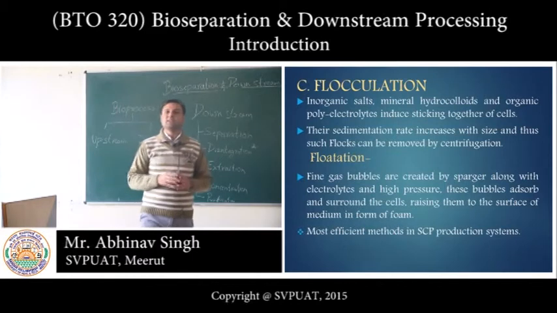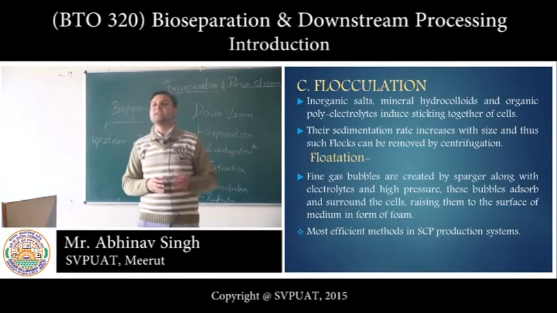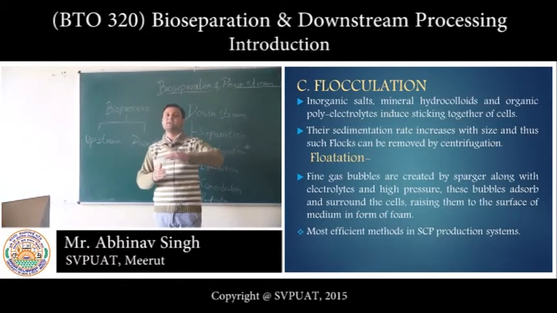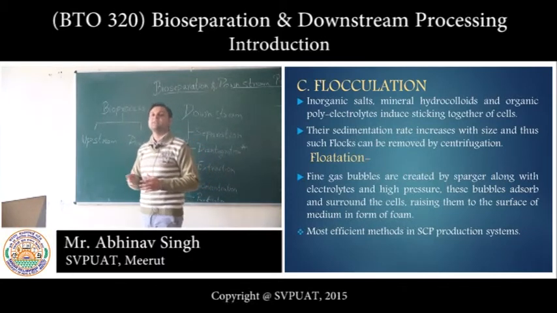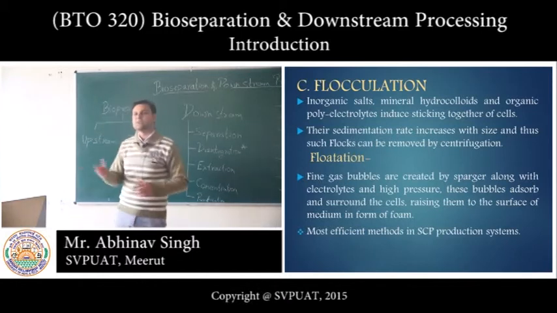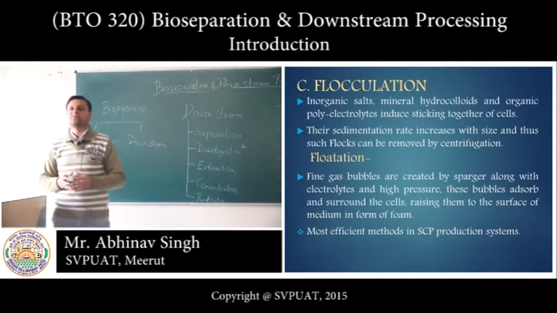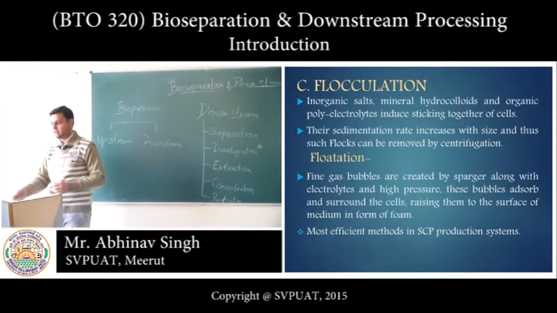Once this has been done, we can simply harvest the cells from the surface, or use other techniques for separation. Why? Because now the cells will form a separate layer from the remaining fluid, which could be either the broth or something else. So these are the two techniques, flotation and flocculation. We are going to discuss them again in broader aspects, and how these things are going to be done.